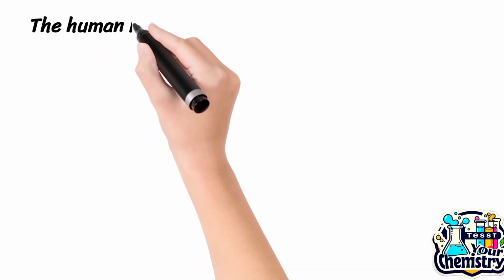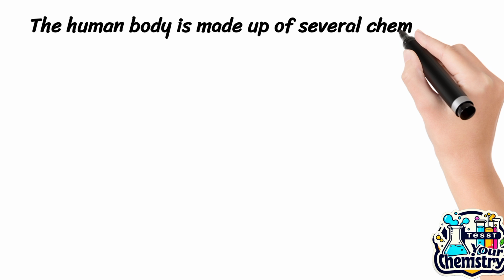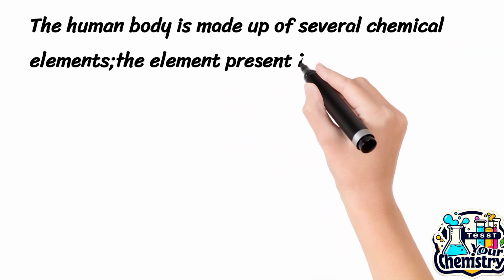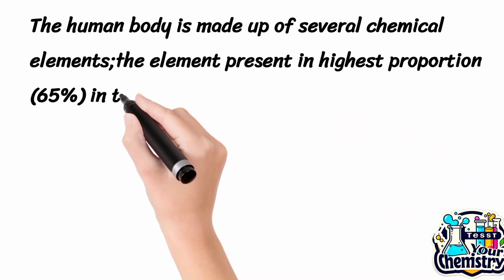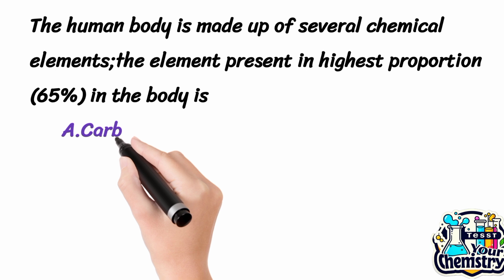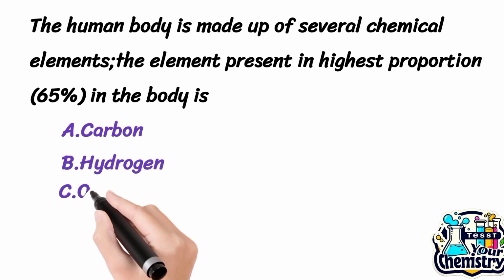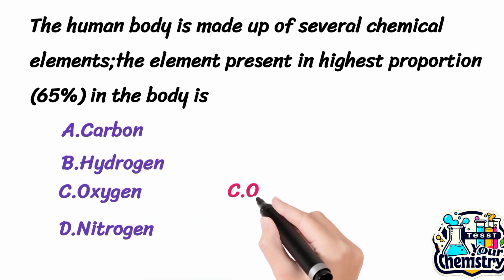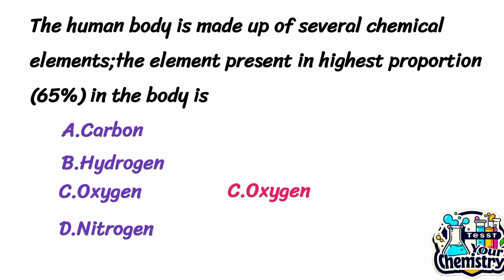The human body is made up of several chemical elements. The element present in the highest proportion, 65% in the body is carbon, hydrogen, oxygen, nitrogen. Option C, oxygen is correct.